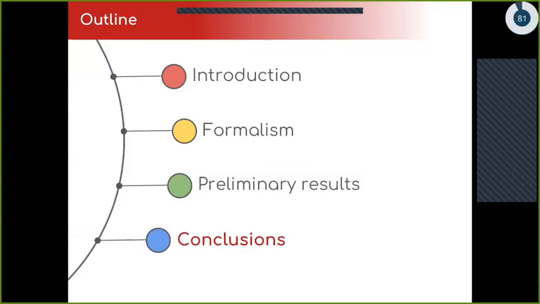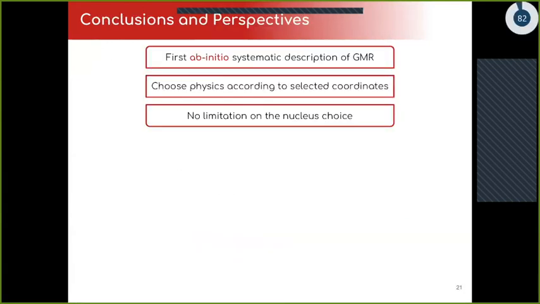So I arrived at the end of my talk. Let me recall what I've been showing you. I'm showing the first ab-initio systematic description of giant monopole resonance, and specifically one of the two methods I showed you. So P-GCM allows to choose the interesting physics according to selected coordinates, which enrich the ansatz.